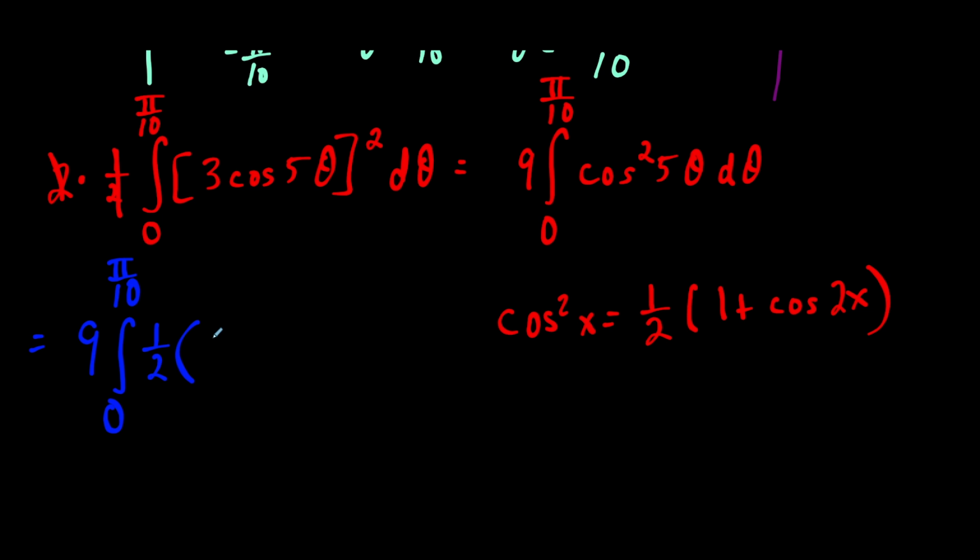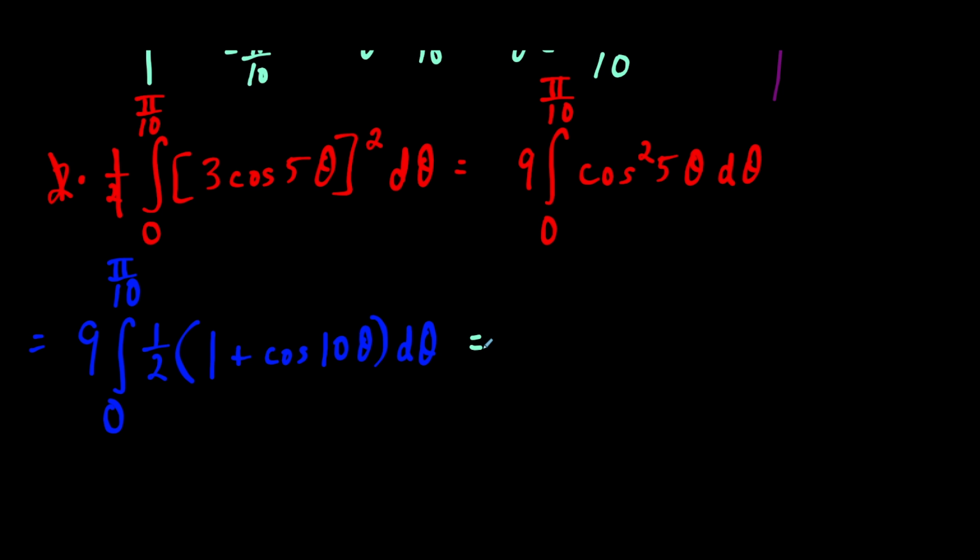And our inside here is 1 plus cosine, and we're doubling the argument, so 5 theta is going to change to 10 theta. And then we write our d theta. So we don't need this formula anymore.